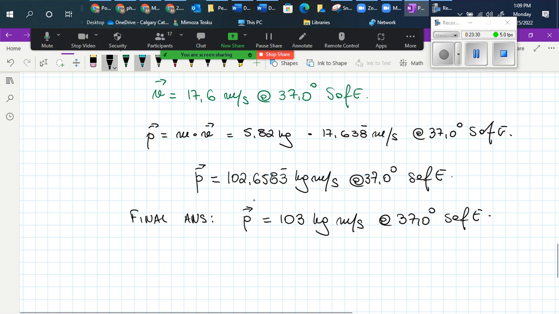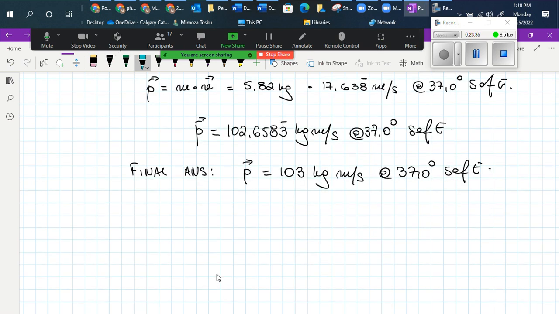Which means that what we have in terms of displaying it in the northeast-southwest axis is a vector that is, again, between south and east. This is momentum. And the angle created with the east axis is 37 degrees. The magnitude of it is 103 kilograms meters per second.